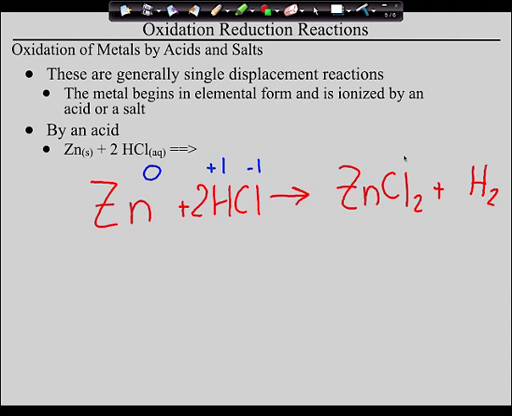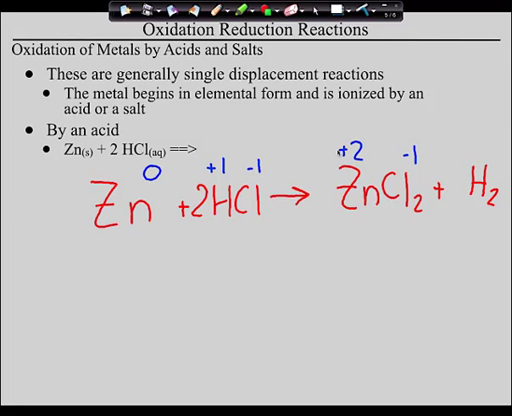Guys, chlorine continues to be -1. If chlorine is -1, what is the zinc now? +2. Guys, that's why this is ZnCl2. Now that the zinc is no longer in its elemental form, it reacts and bonds based upon its oxidation number.